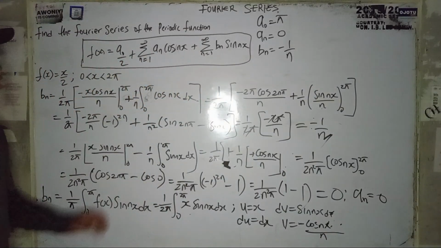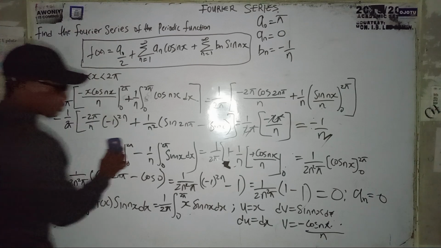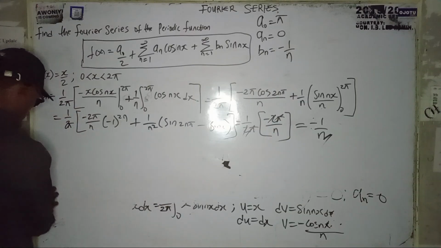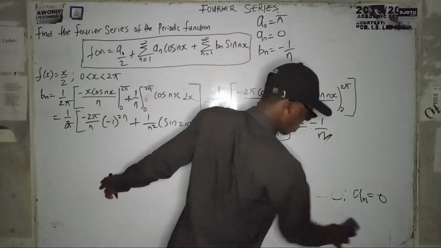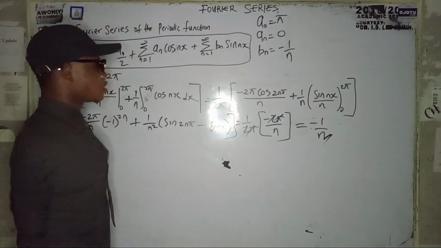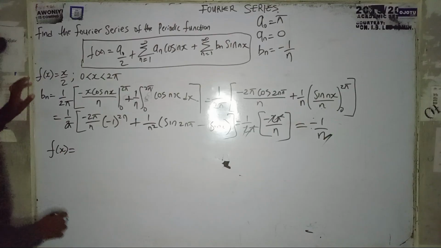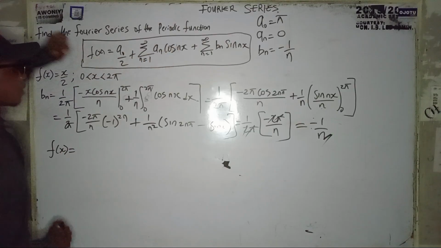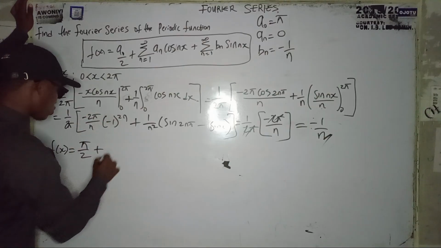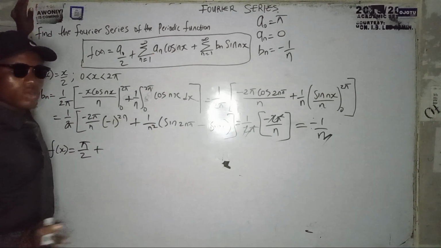So now since we have our values, we want to write it in this form over here. Therefore, we write f of x is equal to, what is our a naught? Our a naught is equal to pi over 2. Then we have plus an is equal to 0. Therefore, 0 cancels out all the possibility of cos.